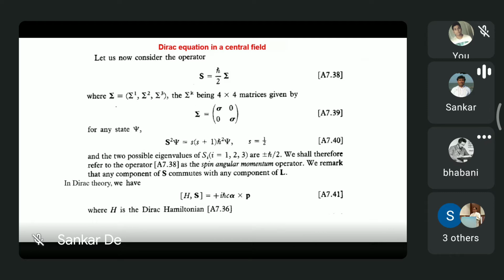And what is p? P is the momentum, in the direction of motion. Also the eigenvalues of the helicity operator are plus or minus ħ/2.